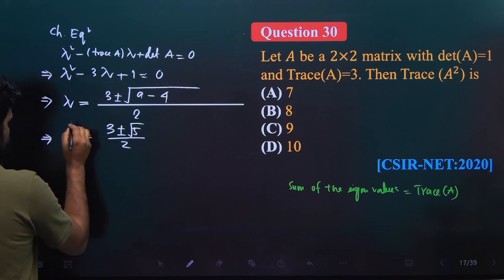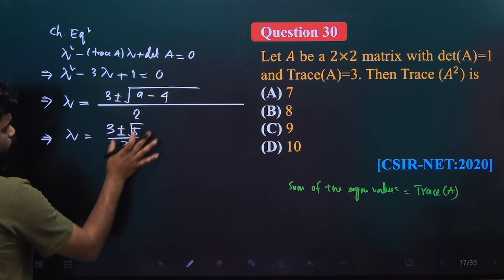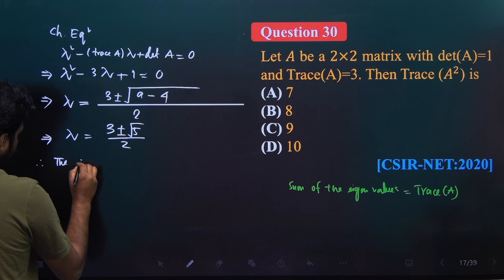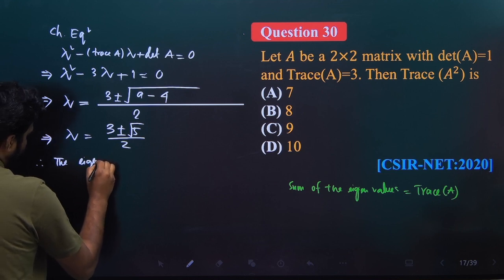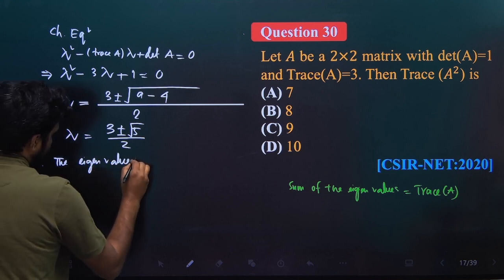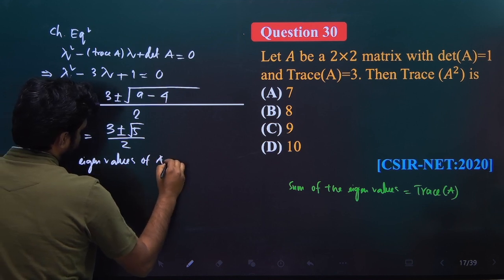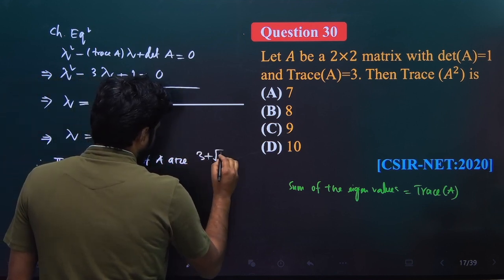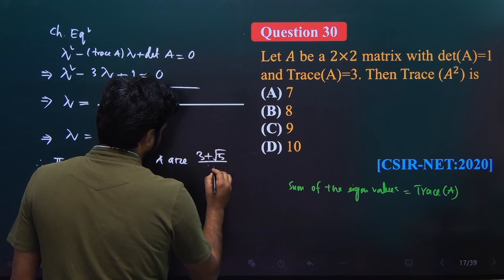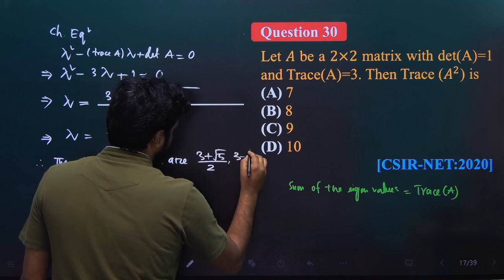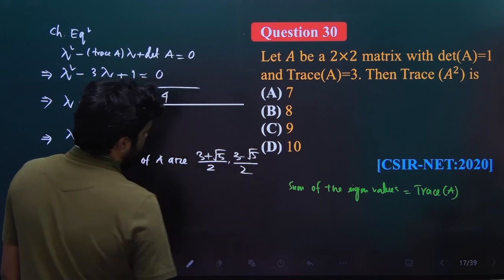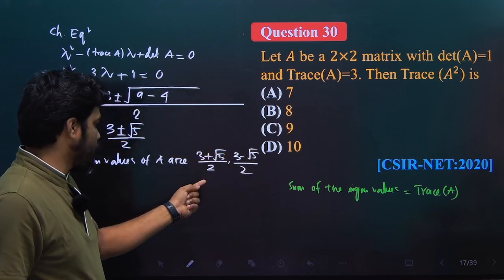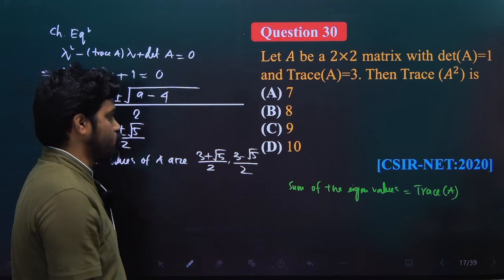Therefore the eigenvalues of A are 3 plus root 5 by 2 and 3 minus root 5 by 2.